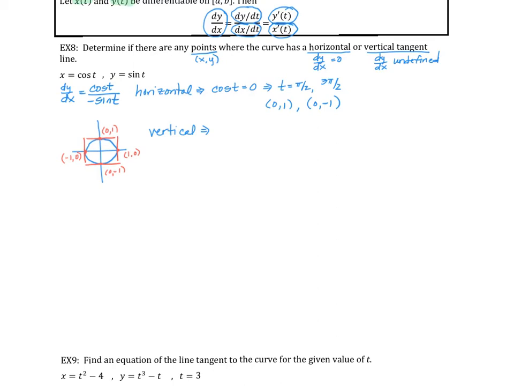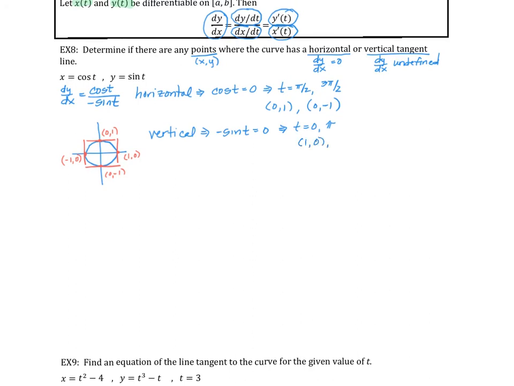So that would be where negative sine is equal to 0. And I don't care about the negative, multiply that through, I get sine is equal to 0. So sine is equal to 0 at t is equal to 0 and t is equal to pi. Well, when I put in 0 for t in my parametric equation, I get the point 1, 0.